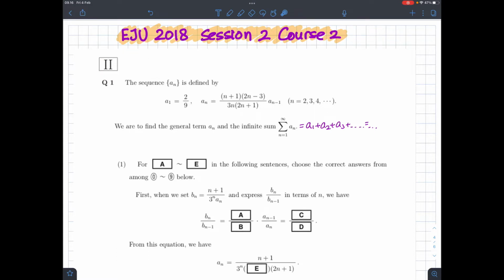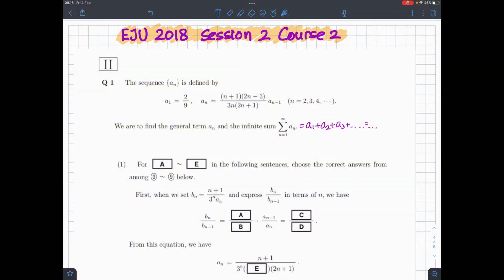Part 2 also contains two questions, and in this video I only solve question 1. Okay, we explore the problem first. This is about a sequence. They give you the first term, and they give you the recurring general term of the sequence, an and an minus 1, where n starts from 2, 3, 4 and so on.